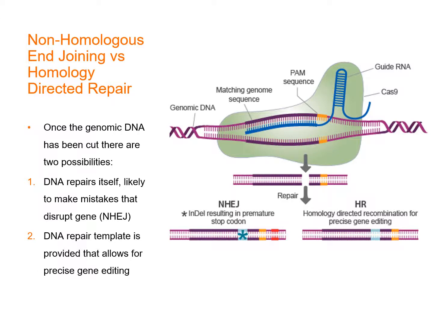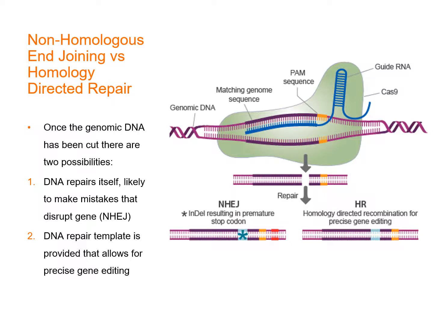And in doing so, we're going to have something called non-homologous end joining. So the interesting thing about non-homologous end joining is if left to its own devices, it's not terribly precise. So sometimes it will stitch the ends together correctly, sometimes it will not.